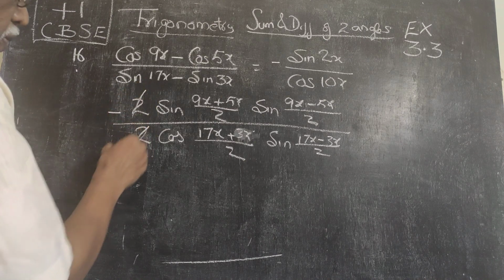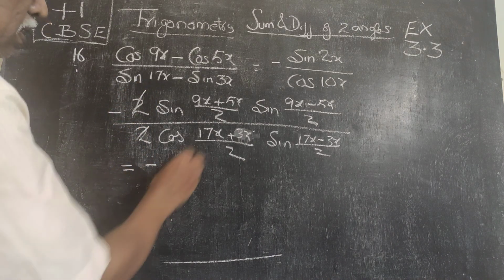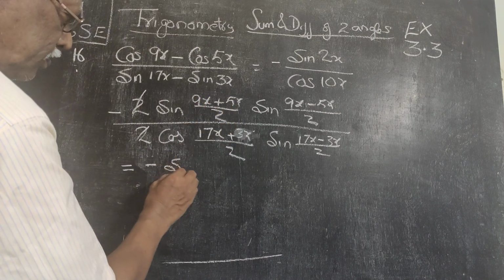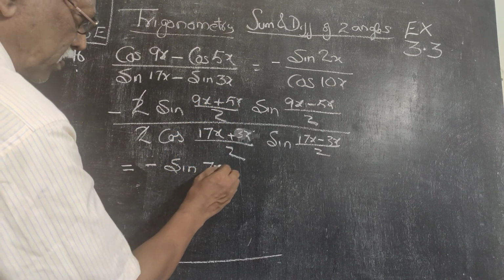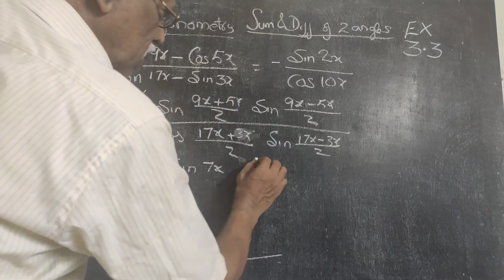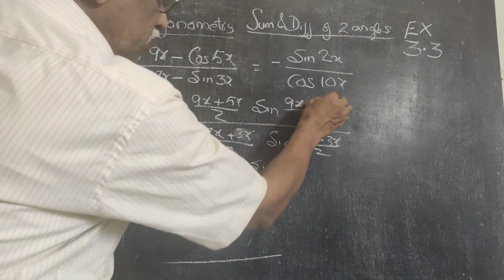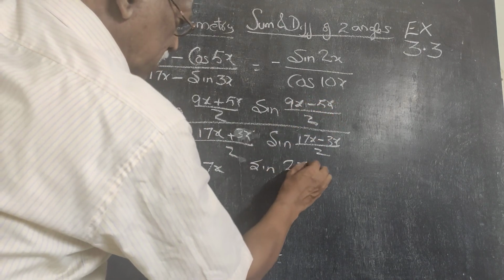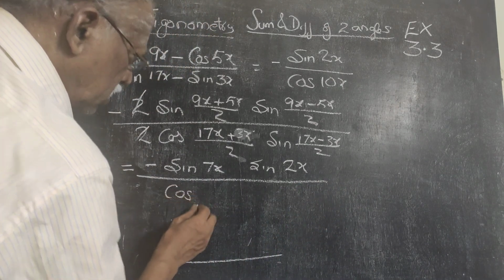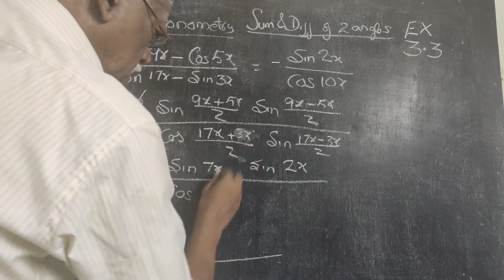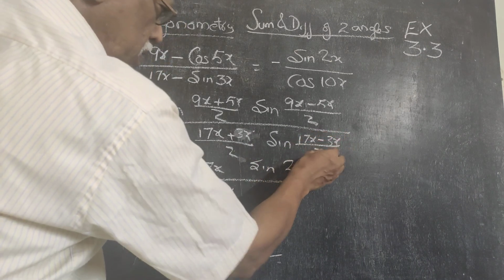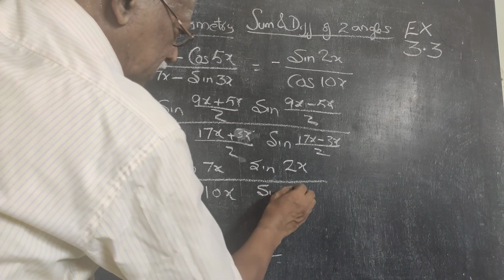The result is that these two we can cancel. Minus, 9 plus 5, 14, 14 divided by 2, 7. This is simply sin 7x. Whereas here, sin of 9 minus 5, 4, 4 divided by 2, therefore 2x, divided by cos of 17 plus 3, 20, 20 by 2, so 10x, and 17 minus 3, 14, 14 by 2, therefore sin 7x.